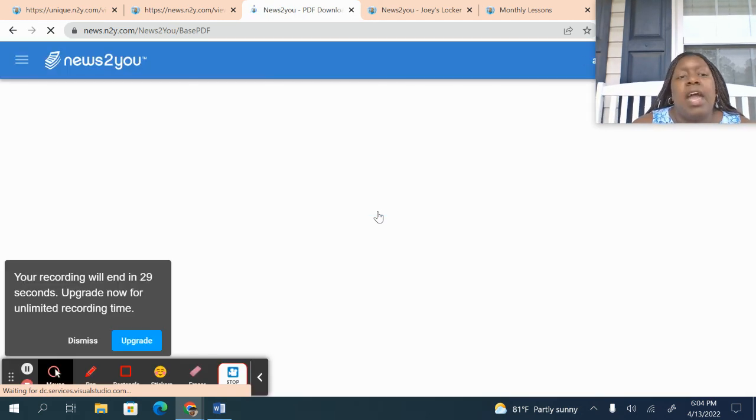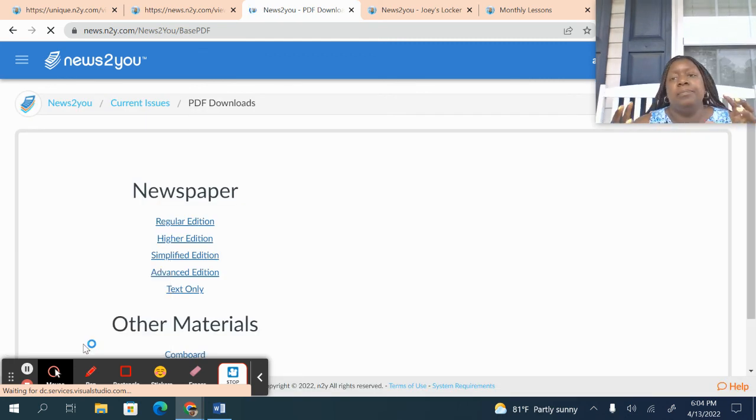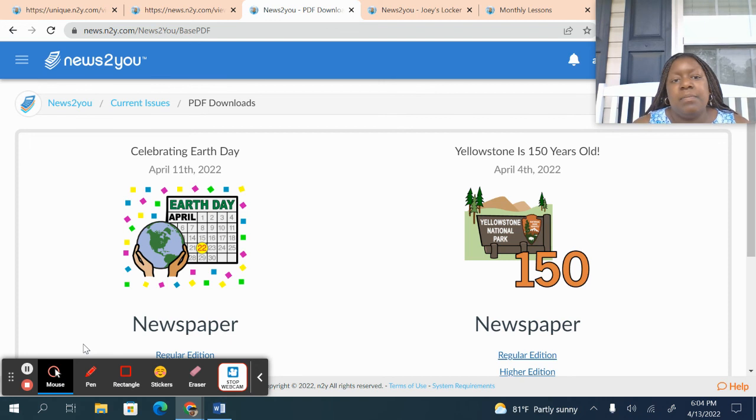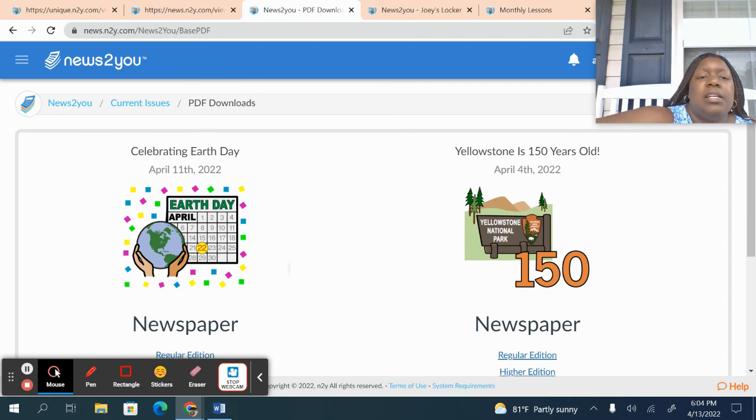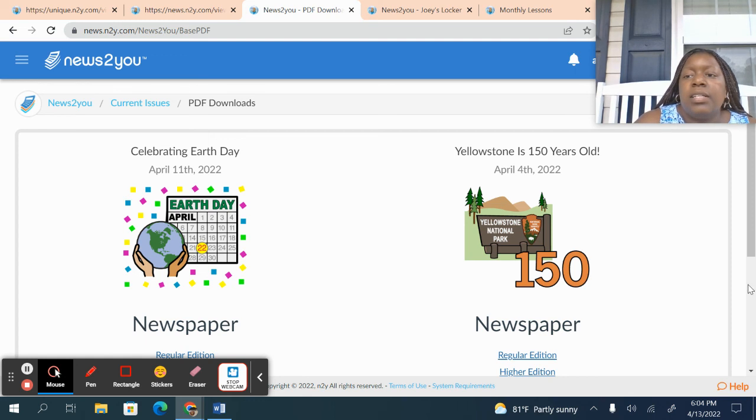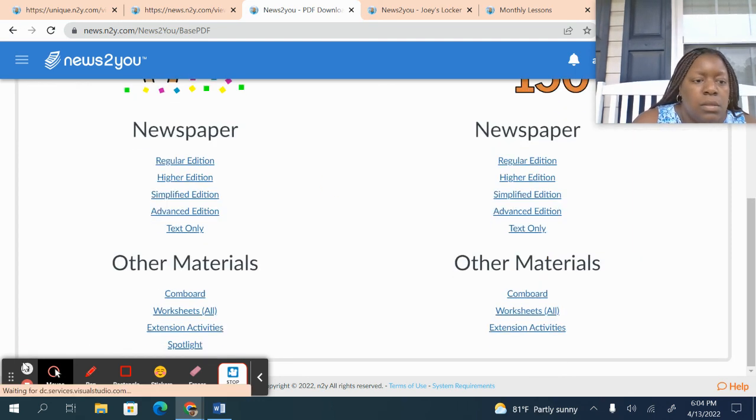So while everything's different, it's also kind of the same. And it gives those students that need continuity, that feeling of sameness, it gives them that. So when we go through and you look down, you can get all the worksheets.